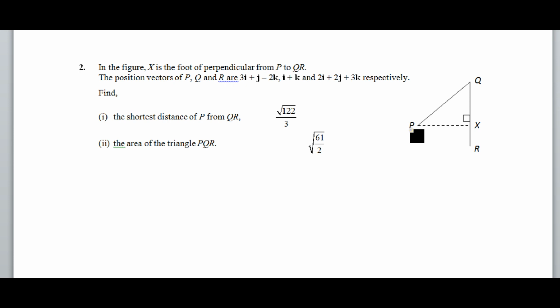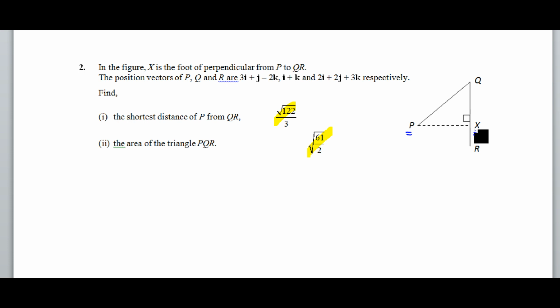Question 2 is also not difficult. Look, the answers are given here. Alright? But let me very quickly go through. Shortest distance from P to QR, which is PX, also no big deal.